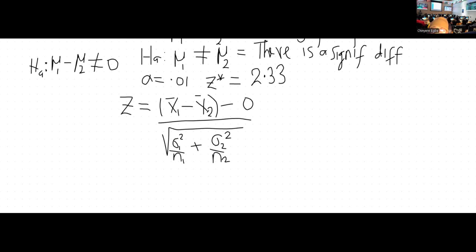If Z is greater than Z star, then we reject the null hypothesis that there is no significant difference between the two populations.